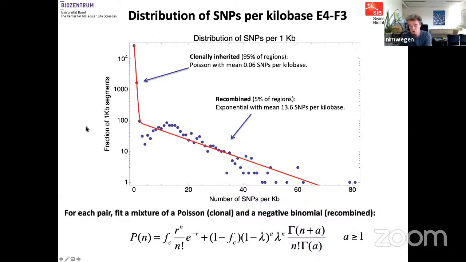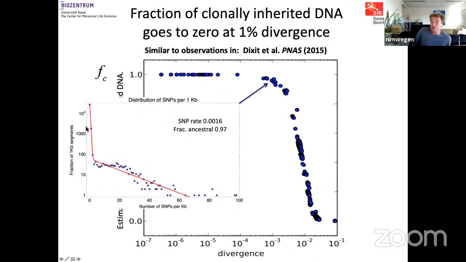All right, so what I'm going to show you now is, if you take all pairs of our E. coli strains, as a function of the overall divergence of each pair, so just what fraction of nucleotides differed, the estimated fraction that was clonally inherited for the pair. And the first pair I showed you, as I said, was very close.